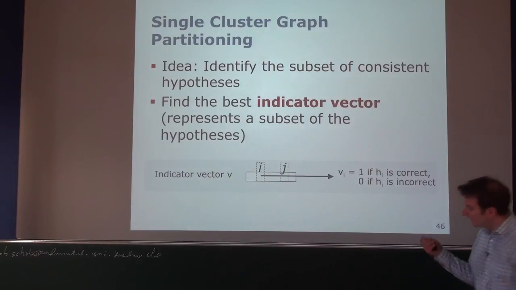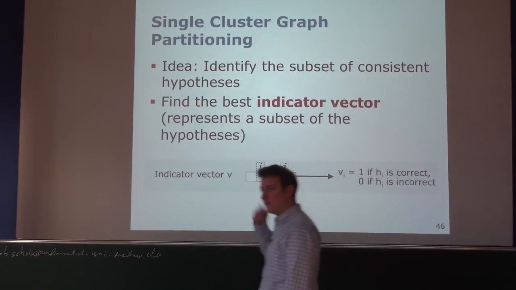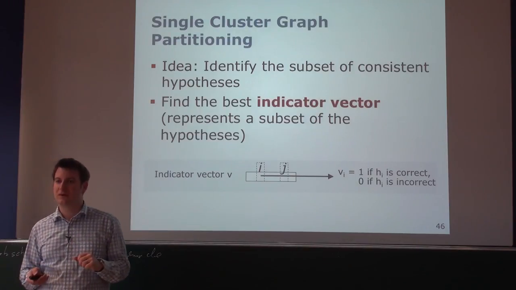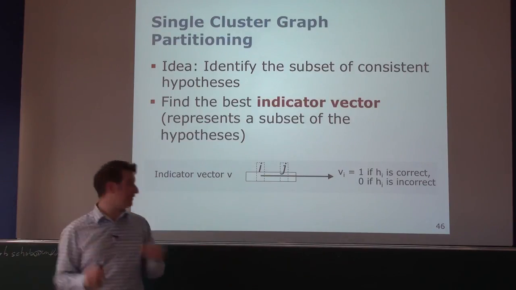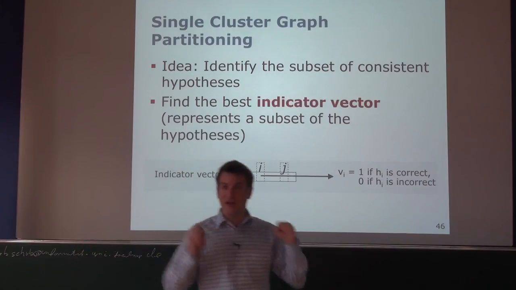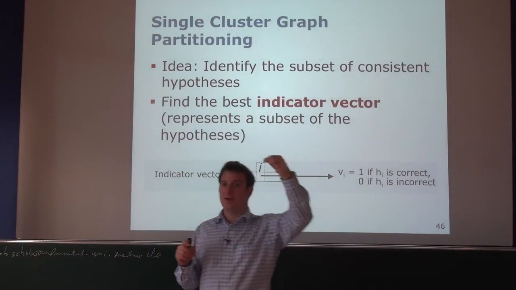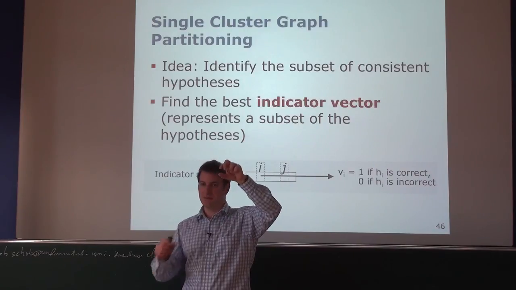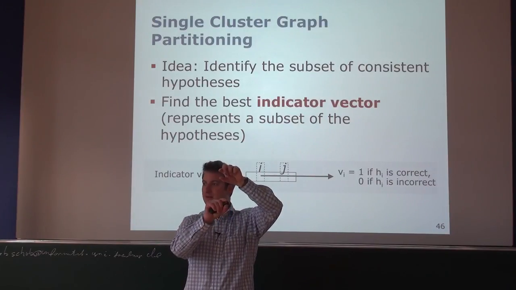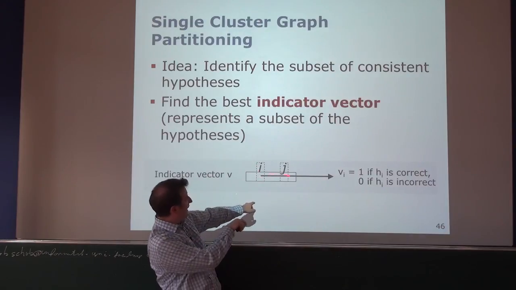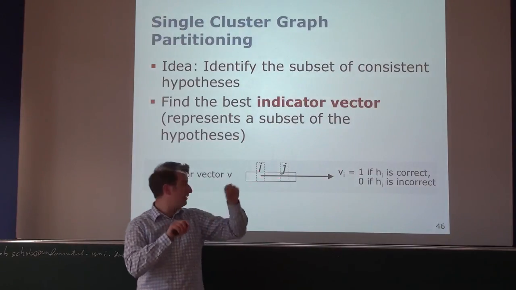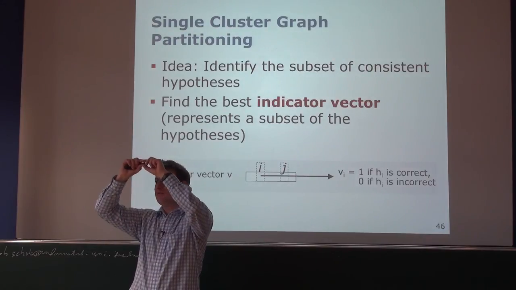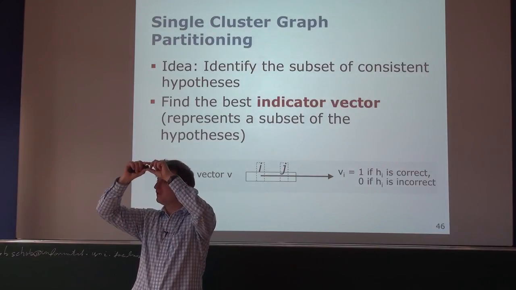And now comes the trick. We combine this indicator vector with my matrix. So I multiply this vector v with my matrix A. It says, for a hypothesis hi that is correct and maybe hj is correct, so if, let's say, i and j are 1 and the rest is 0, it will directly take out the corresponding value of my matrix A for the consistency of i and j.